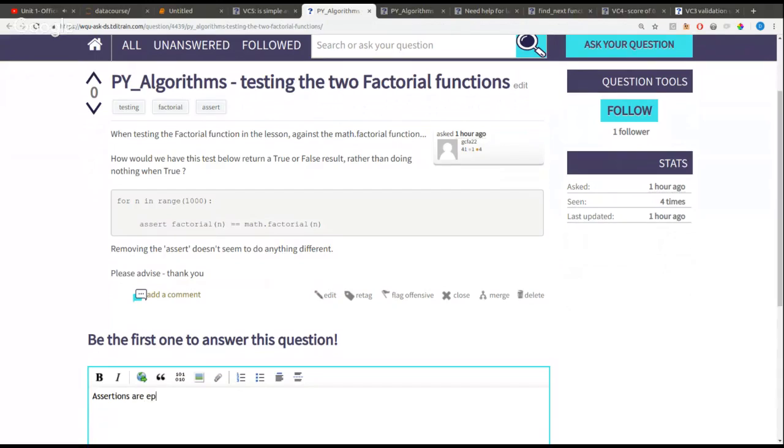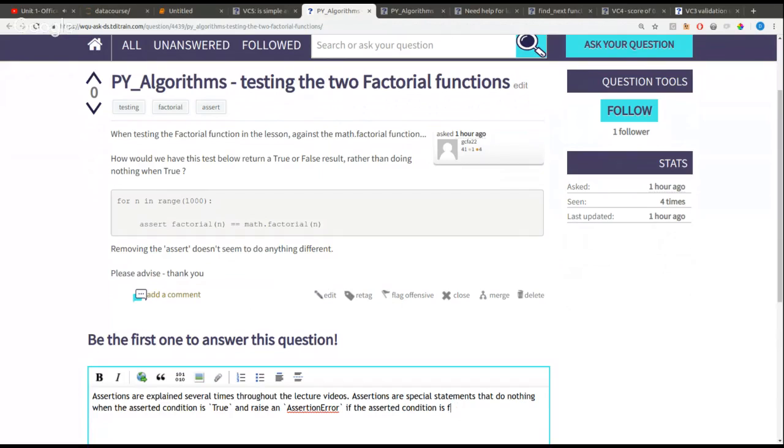Assertions are explained several times throughout the lecture videos. Assertions are special statements that do nothing when the asserted condition is true, and raise an assertion error if the asserted condition is false.